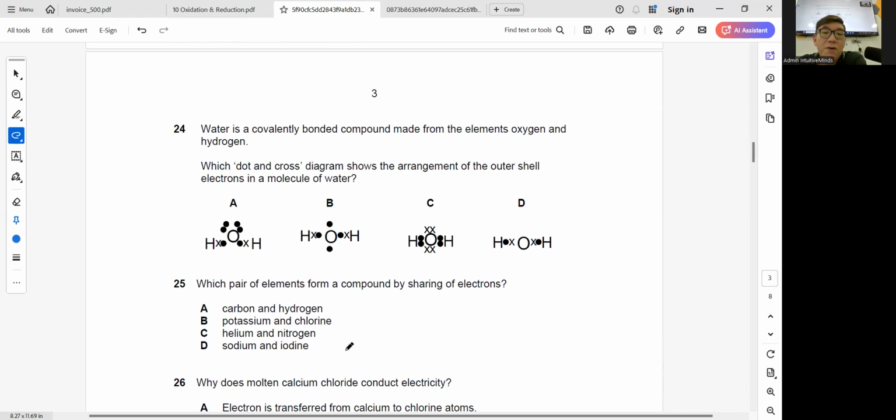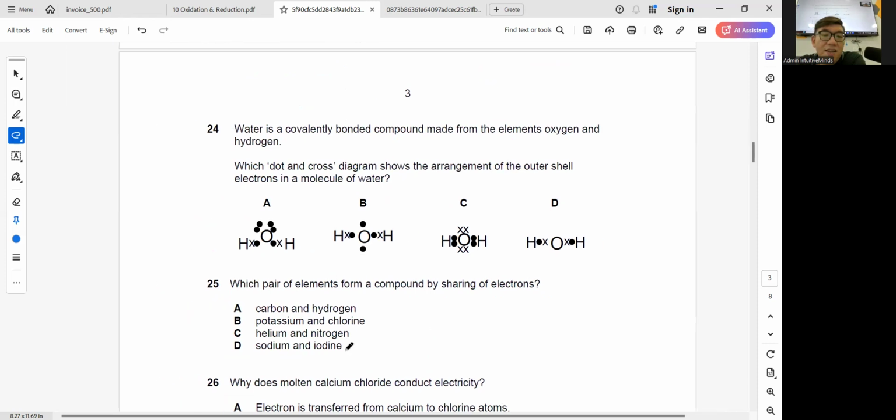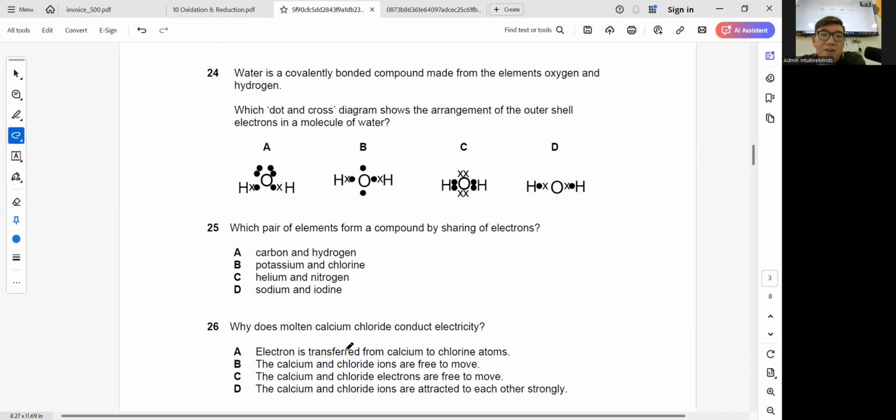What's the answer for 24? A. Let's see. So I challenge you guys again, why not C? Okay, that is correct.